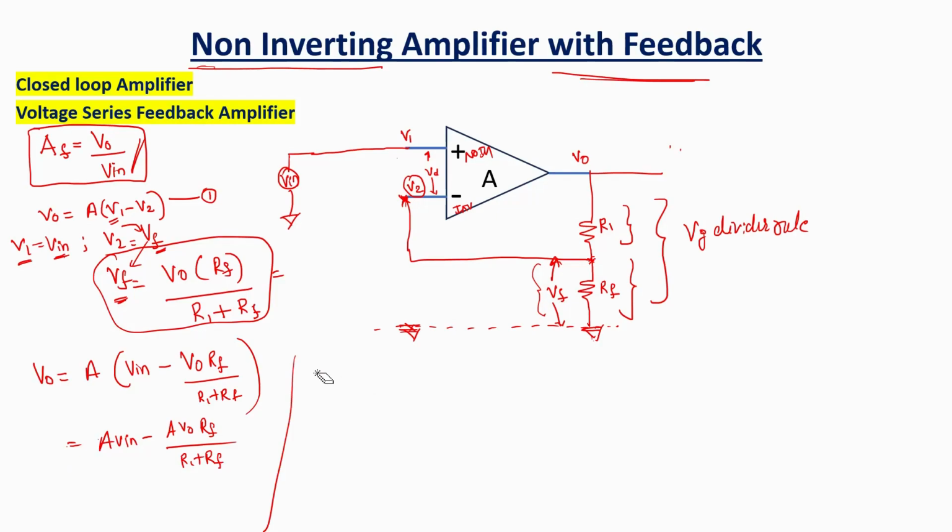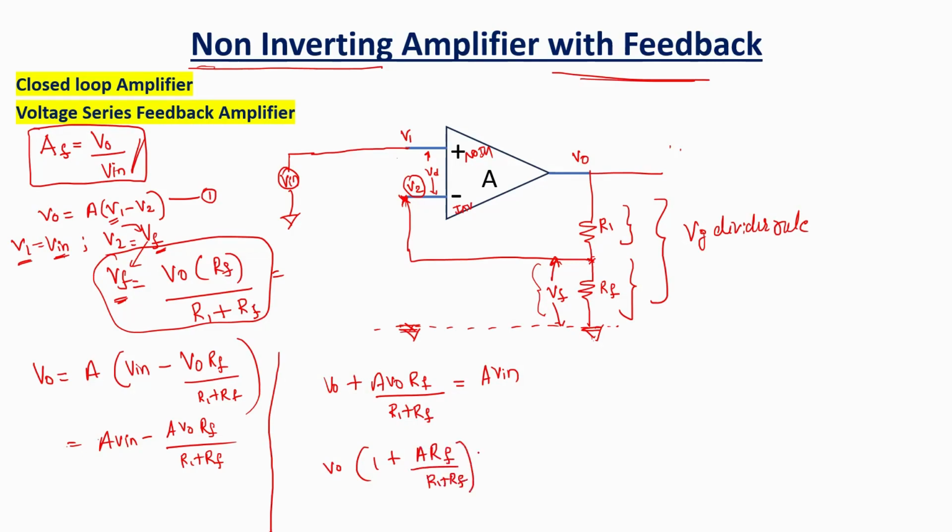I'll simplify this. How do I simplify it? V naught plus A V naught RF divided by R1 plus RF is equal to A into V in. V naught is equal to 1 plus... Let us simplify this one.